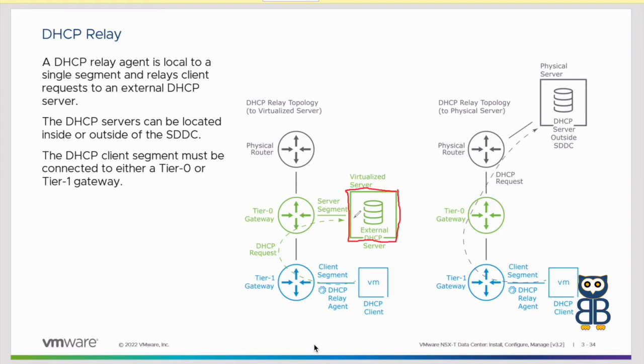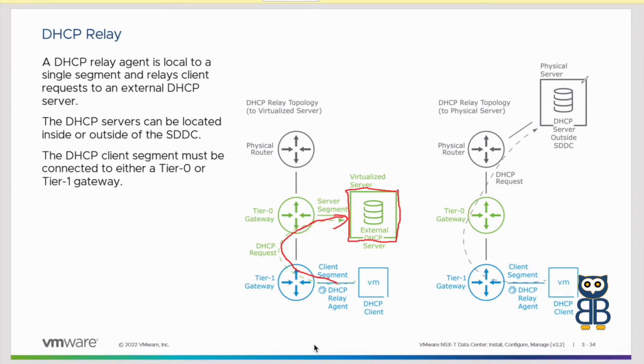In such a case, we will configure a relay on our gateway saying that any DHCP request coming simply needs to be relayed to this guy. Now, since this DHCP is running within the NSX infrastructure, T0 is not going to route the traffic anywhere outside, because your DHCP is running within NSX.